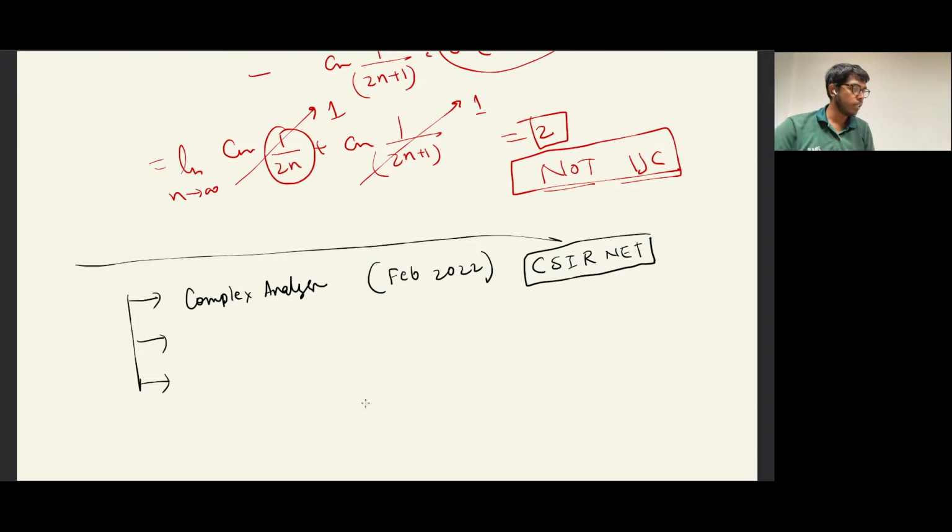In June, or has the date not been declared yet? In June, June 6, 7, 8. Okay.